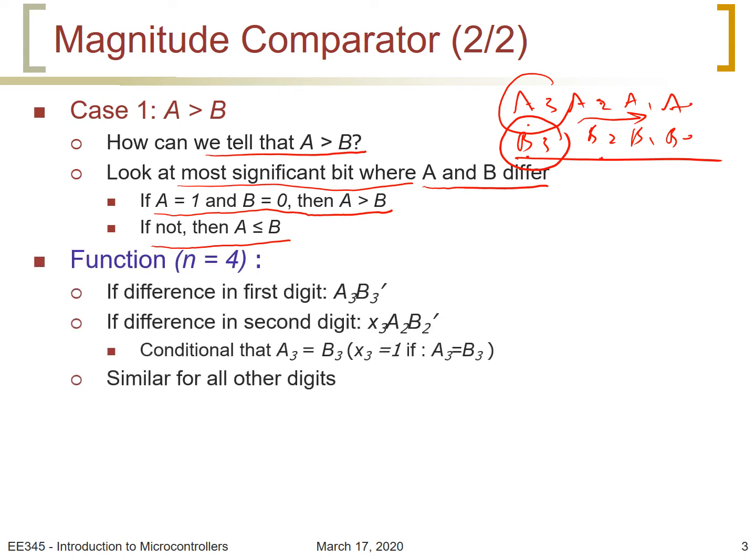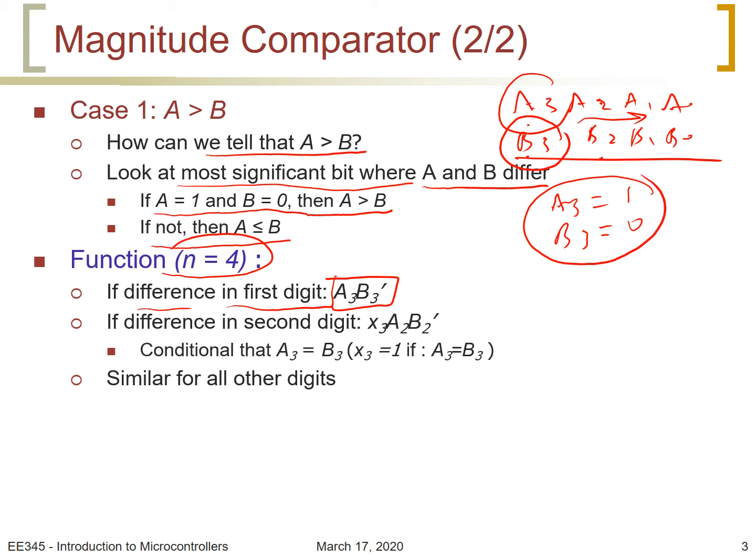So when A and B have 4 bits each, we can write down the formula as follows: if the difference is in the first digit, we say A3 B3 prime, which means A3 is equal to 1 and B3 is equal to 0, and in this case A is more than B.